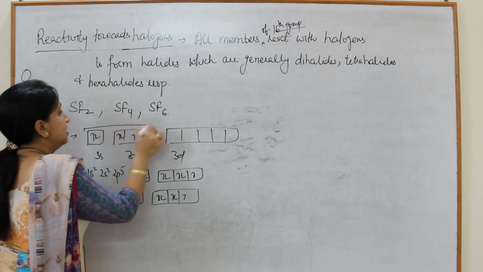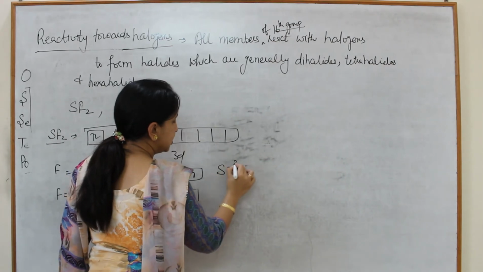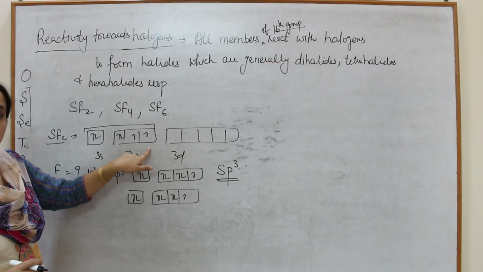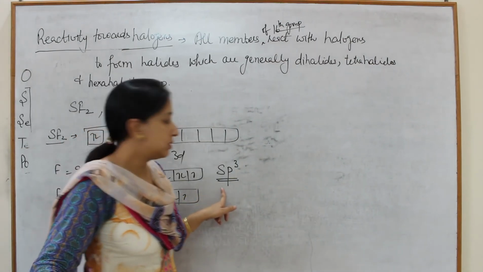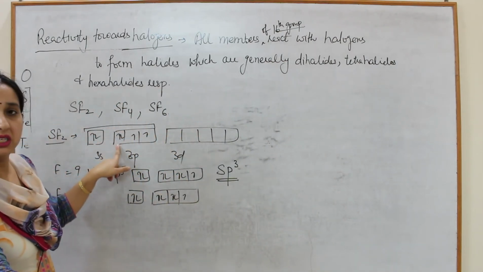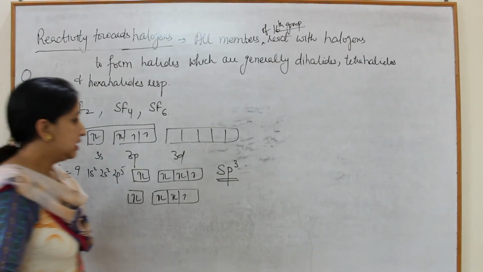So now this sulfur will undergo hybridization sp3. So according to the sp3 hybridization, its geometry should be tetrahedral, but because of the presence of these two lone pairs, it will be distorted in nature.